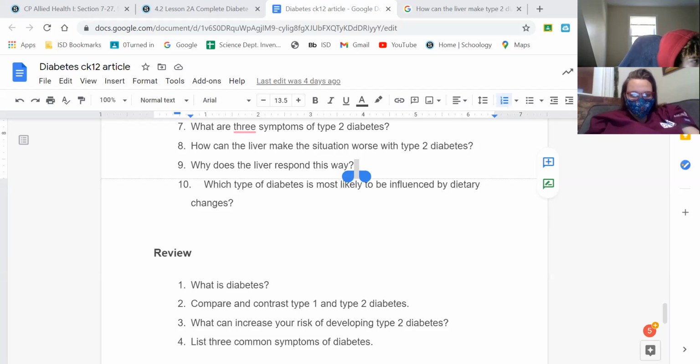And 10, type 2 diabetes is more responsive to dietary changes. It's diet probably that is causing that. All right.